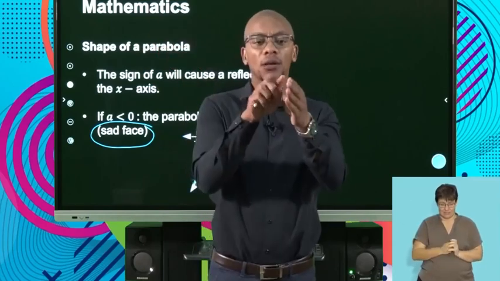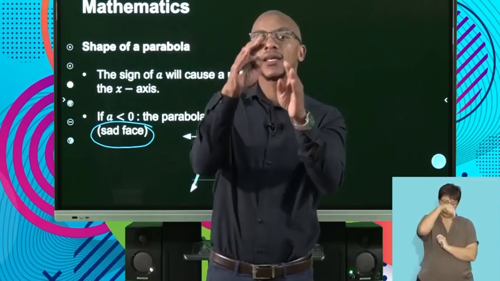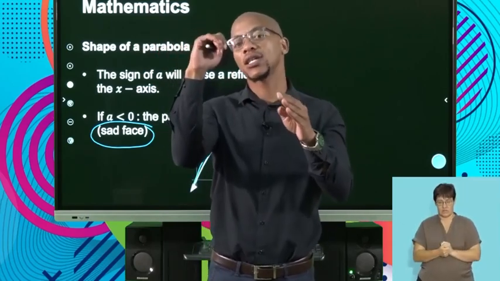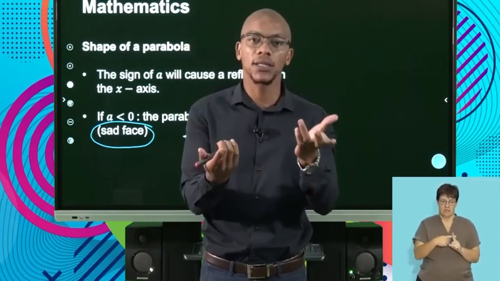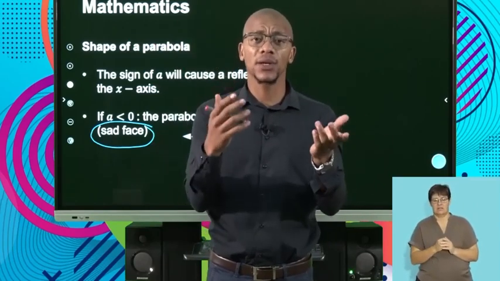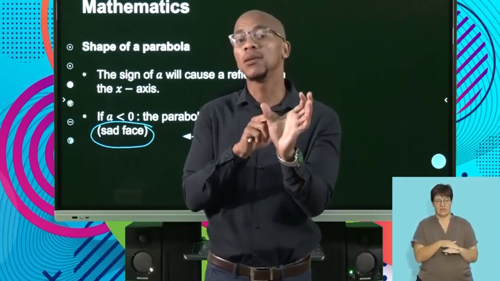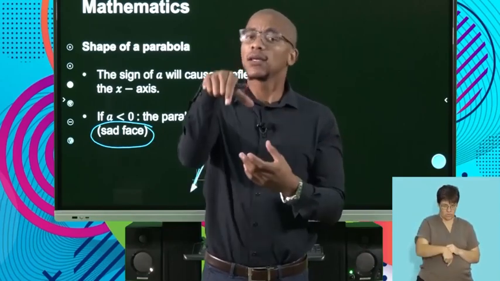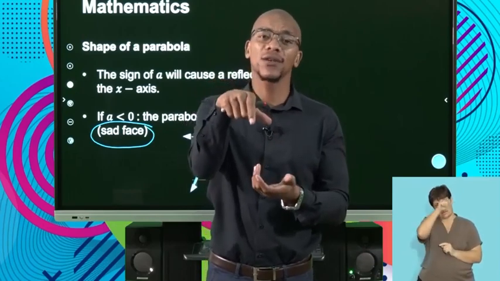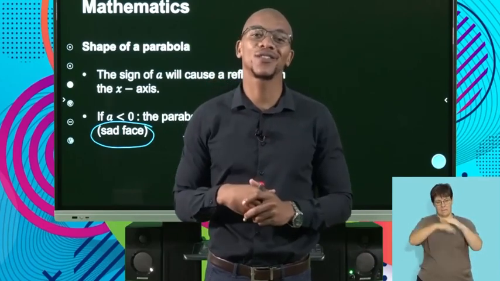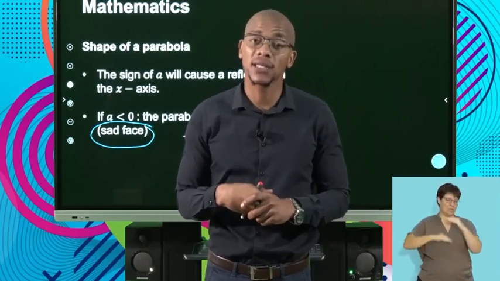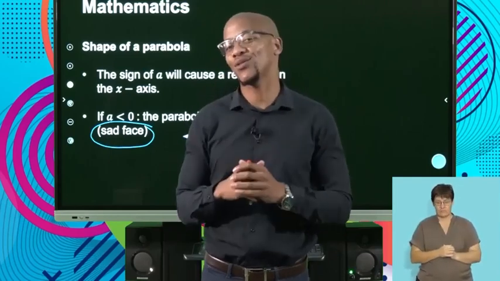So the turning point will be where it is just turning to change the direction. Normally when a is positive, meaning greater than 0, the turning point is said to be the minimum, and when it is concave down, which is a sad face, the turning point is said to be a maximum, because that's the highest point of the graph.